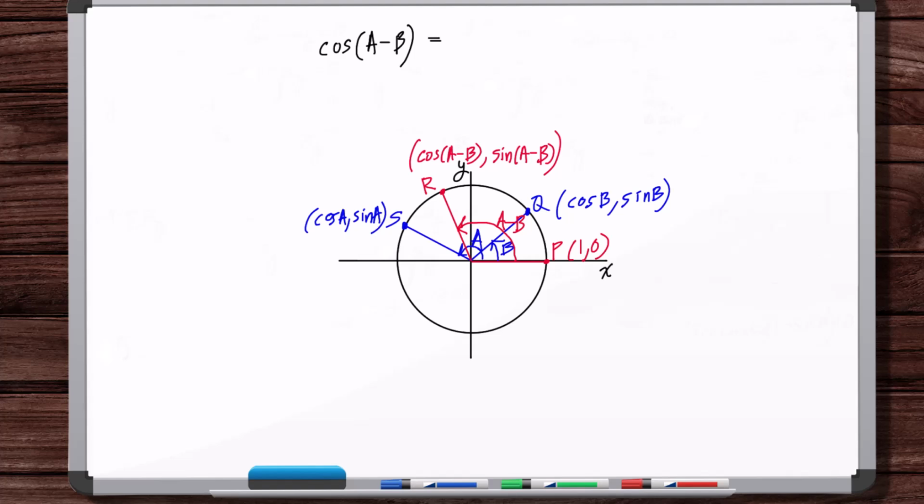Okay, now next let's draw some chords. Let's draw a chord between point R and point P, and between point S and point Q. Now, if you think about it, with O the origin, the central angle between OR and OP is exactly the same as the central angle between OS and OQ.